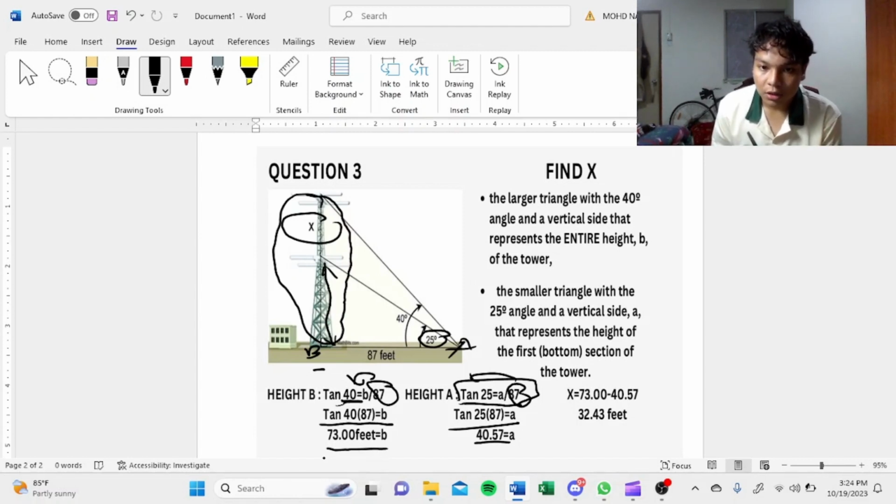Okay, so how we will get the x is the whole height of the tower minus the height of the smaller triangle. We will get like this: 73 is the whole height of the tower and 40.57 is the height of the smaller triangle. So we just do the minus, we get 32.43 feet.